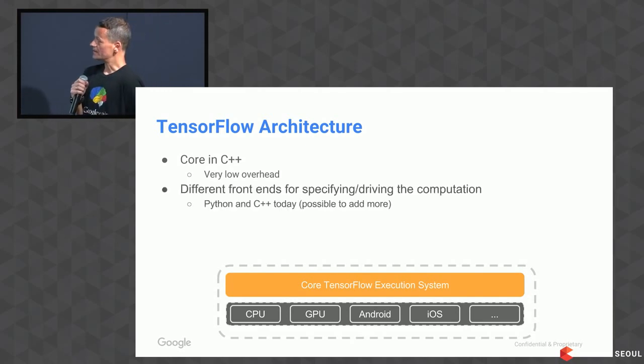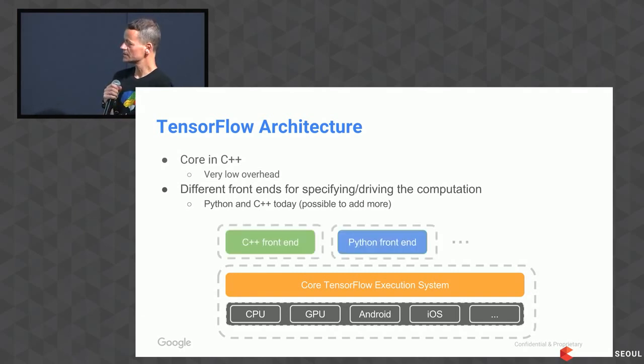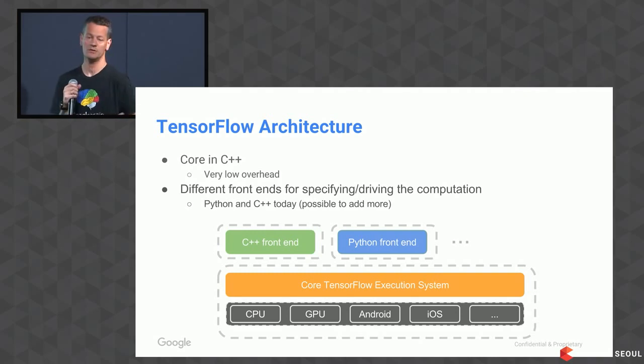Then we added different front ends for specifying and driving the computation. Those are today Python and C++, mainly Python actually, because the C++ front end has not been used so much yet. Well, it's possible to add more. So this is how that would look. You can drive your experiments and all your computation through Python or through C++.